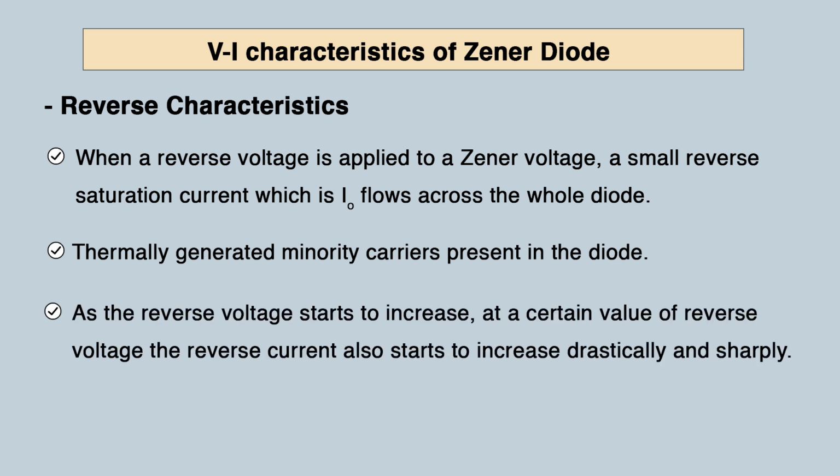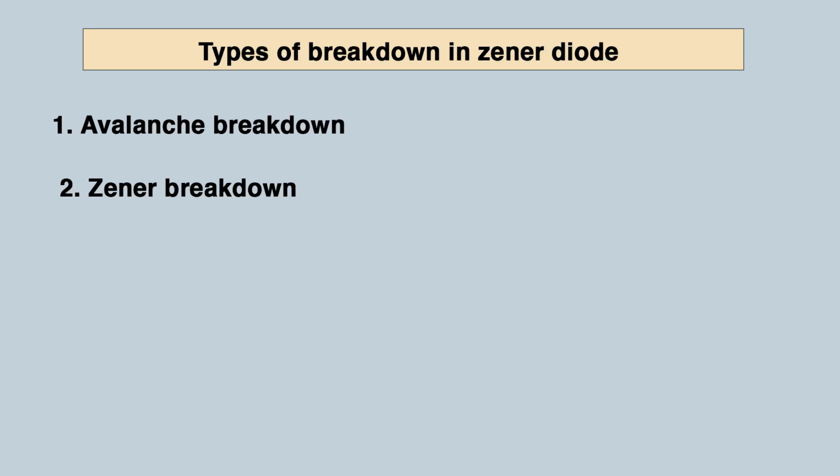As the reverse voltage starts to increase, at a certain value of reverse voltage the reverse current also starts to increase drastically and sharply. Now, as discussed, there are two types of breakdown that occur in the Zener diode.